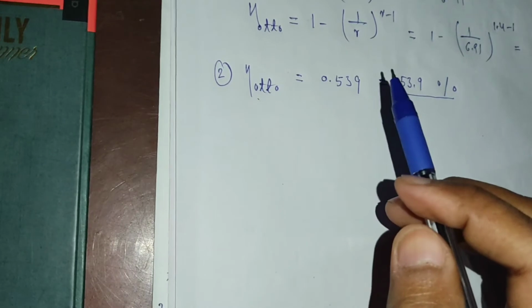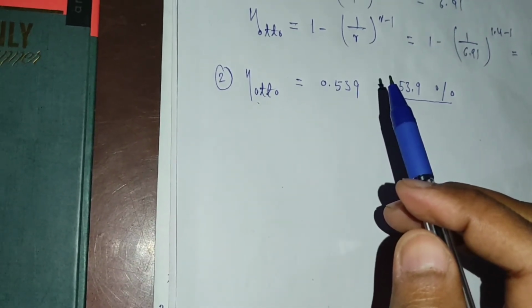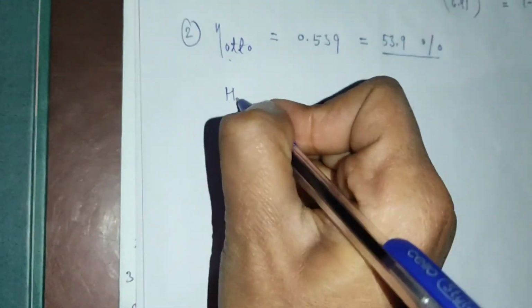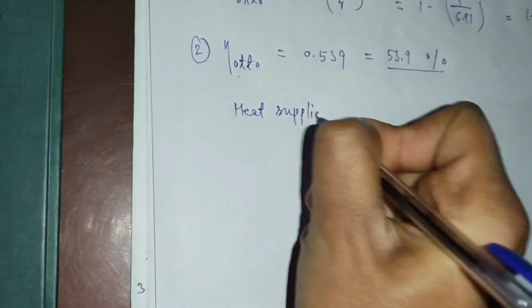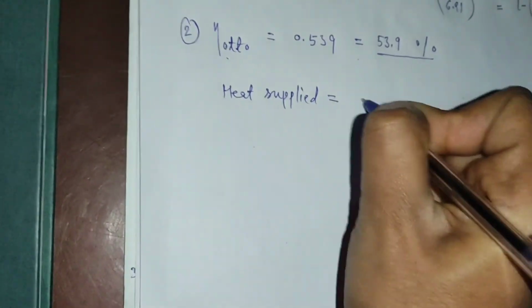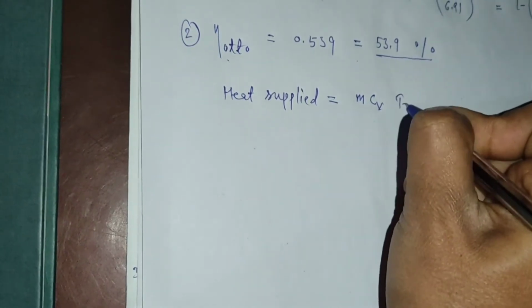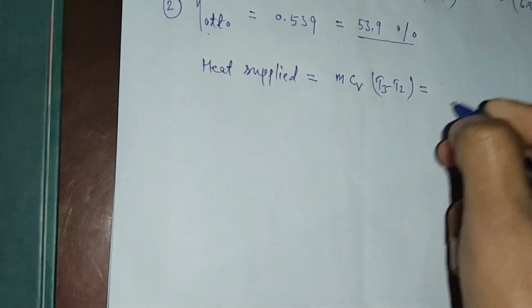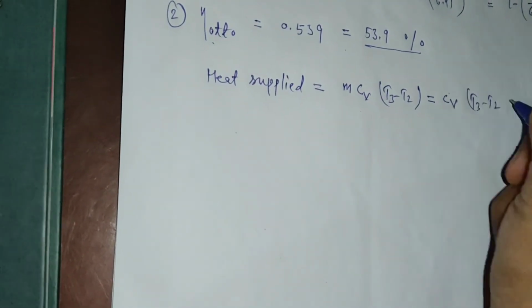Now we will calculate heat supplied. So heat supplied is equal to m Cv (T3 minus T2), or we can say specific heat supplied will be equal to Cv (T3 minus T2).